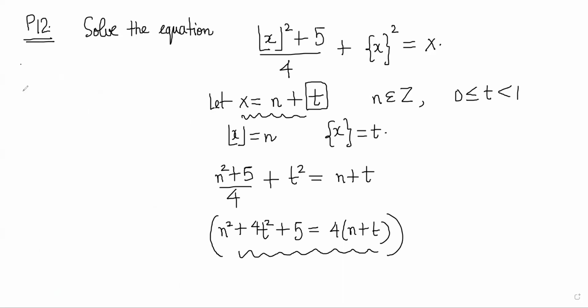So n square minus 4n plus 4, plus 4t square minus 4t plus 1. It will be simplified: 2t minus 1 whole square plus n minus 2 whole square is equal to 0. Sir, we get n is 2 and t is 1 by 2. Right. So that is the correct way to do it, because many times you will see a situation like this in Olympiads where there will be one equation and multiple unknowns. Okay.